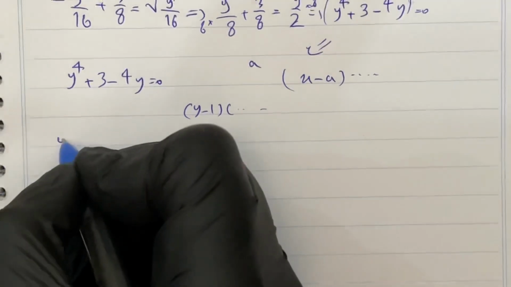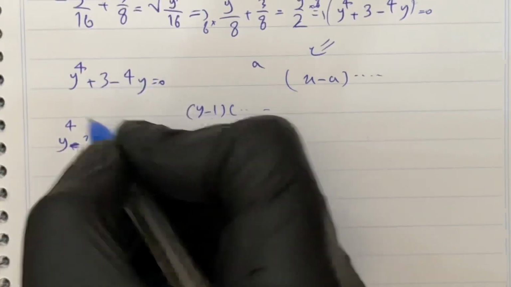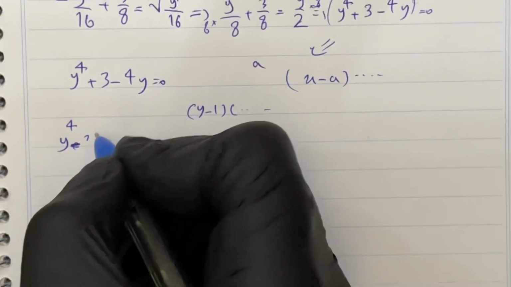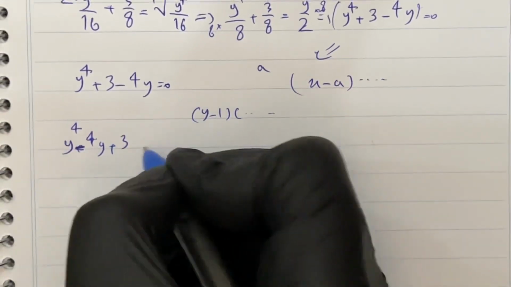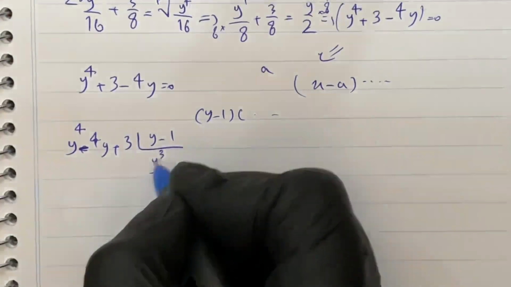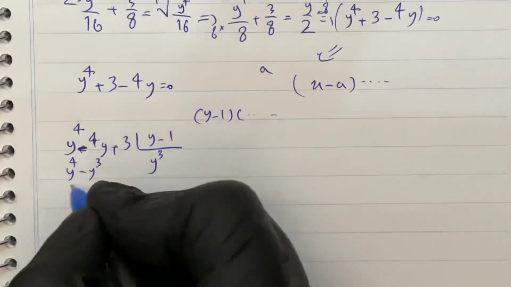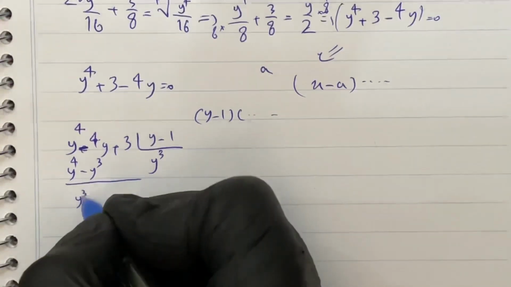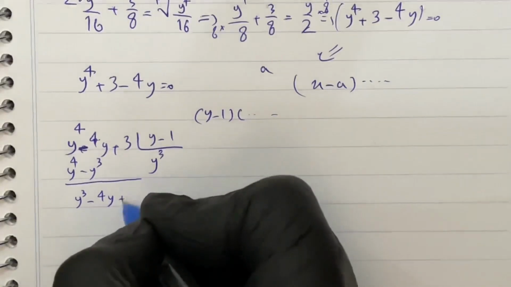So let's do it. y^4 plus, writing them down in decreasing order of the exponents, minus 4y plus 3, divided by y minus 1. To do it quickly, it's y^4 minus y^3. We would have y^3 minus 4y plus 3.